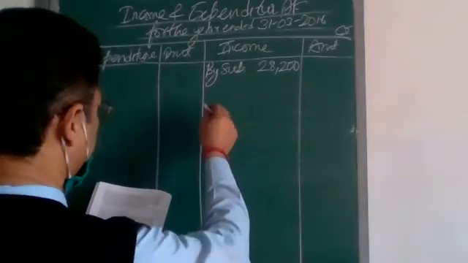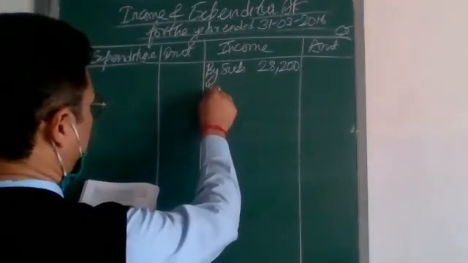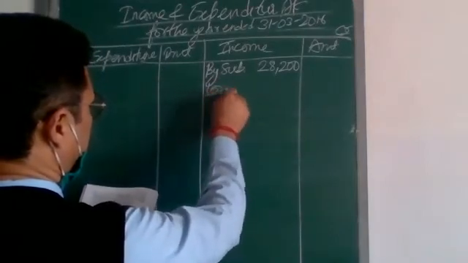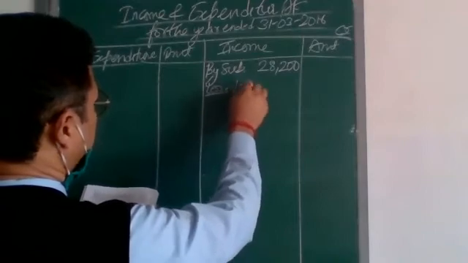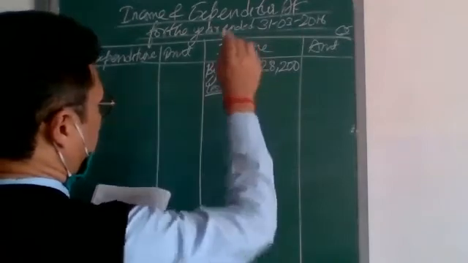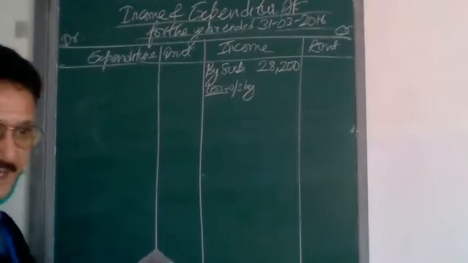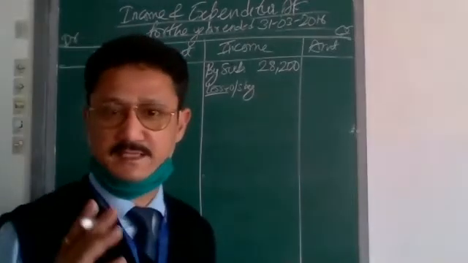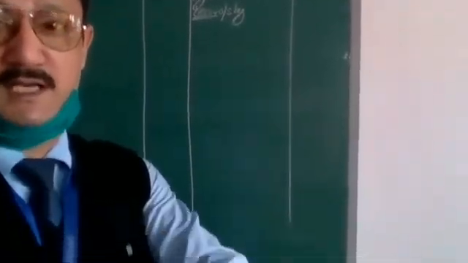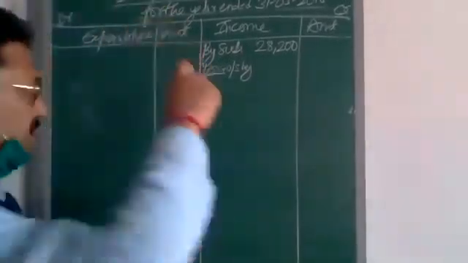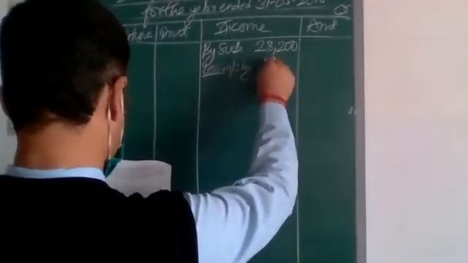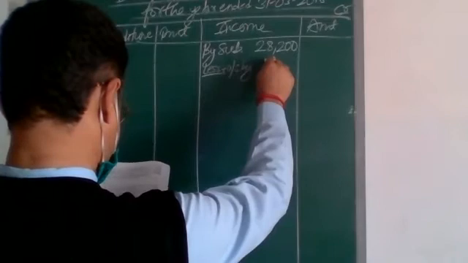How much is in this for the previous year? Less: outstanding at the beginning will be subtracted. Outstanding subscription at the beginning is subtracted, that is 1200.